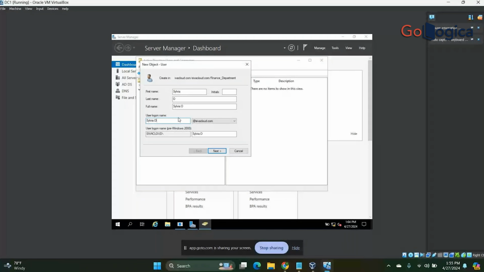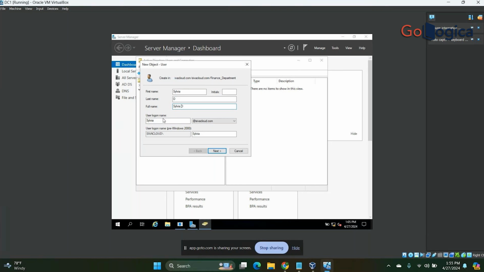In Sylvia there is not supposed to be a gap between them. Oh, okay. So should I put a period? Should I just say Sylvia O? No, no. It's one complete name, Sylvia O, or either O Sylvia. Not in the full name, in the logon name. It has to be Sylvia.